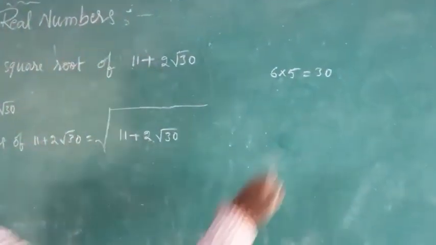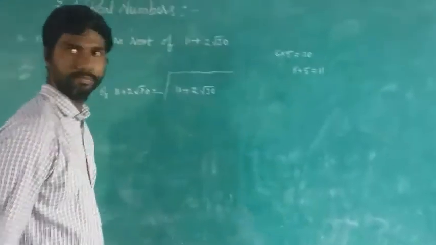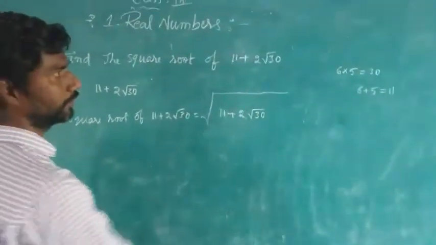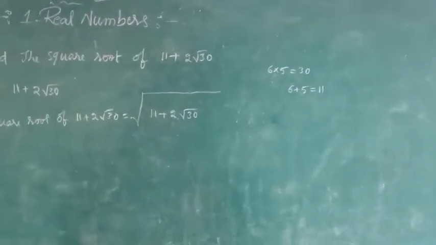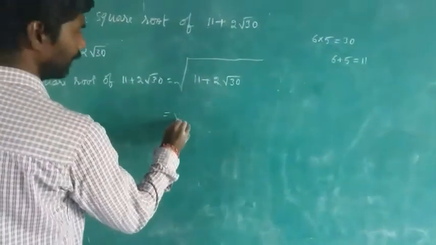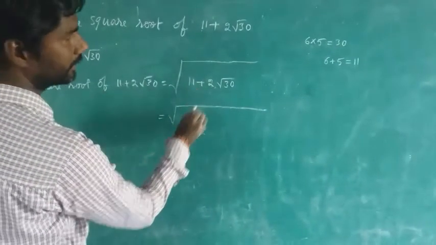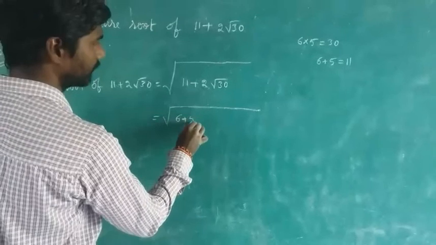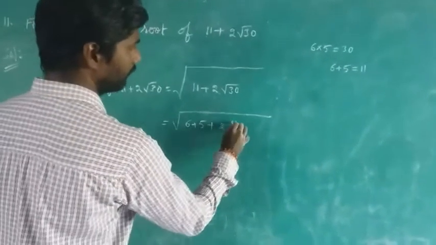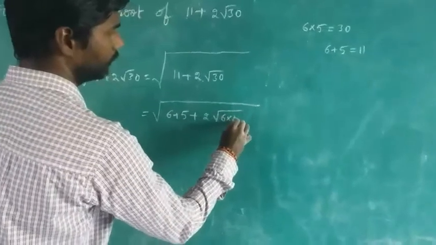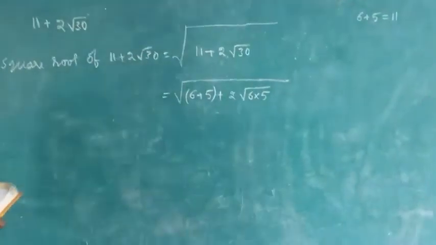One thing again, if you add 6 plus 5 it is also 11, right? So 6 5s are 30. You can write 6 plus 5 is equal to 11. So I write this 11 as 6 plus 5, and this I can write as 6 into 5. Here is the bracket for your understanding purpose.